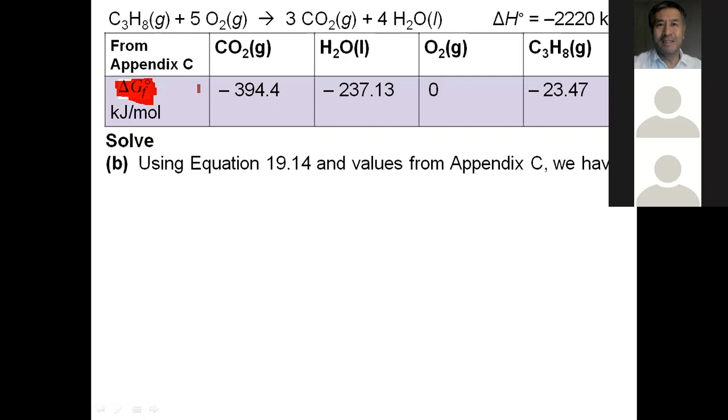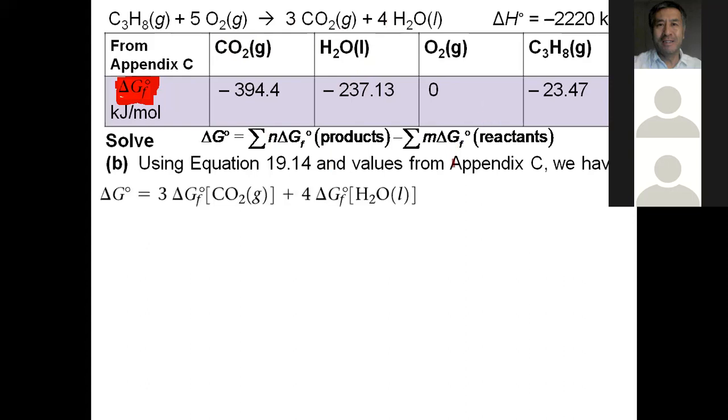The other way is using delta H and also delta S. Using delta G0F is relatively easy, just using this formula. I will give you those data, the standard numbers from the table. N and M are the coefficients. We have the products CO2 and H2O liquid. The coefficient for CO2 is 3, for liquid water is 4.